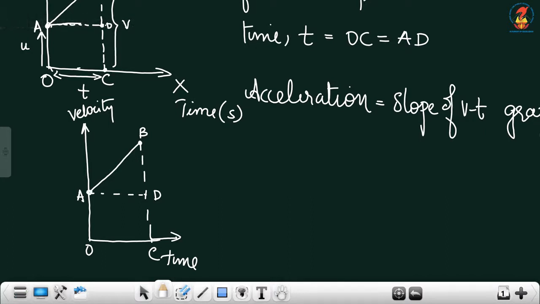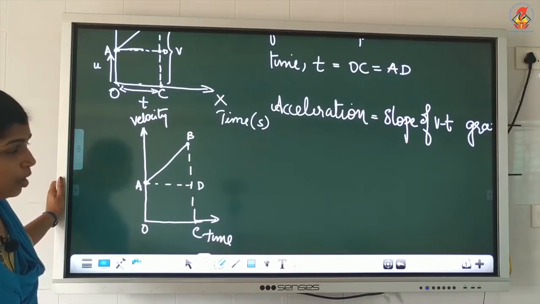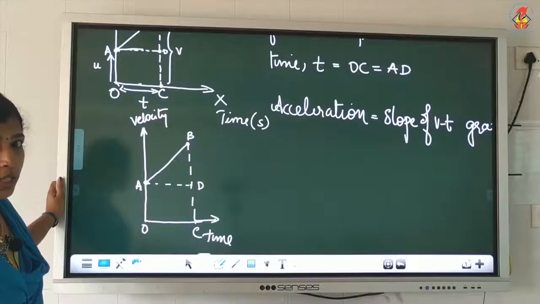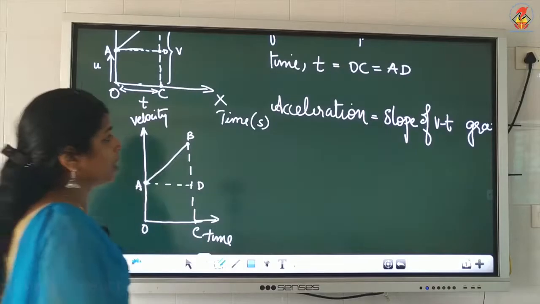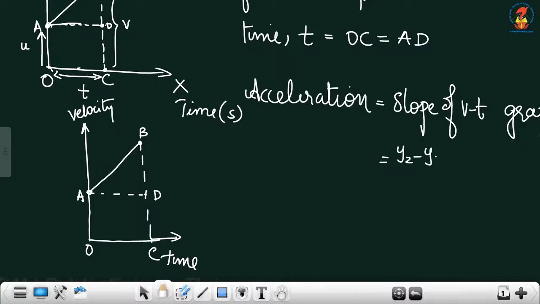This one. I will consider 2 points. Here, in a velocity time graph, we calculate the slope by using the equation y2 minus y1 by x2 minus x1.